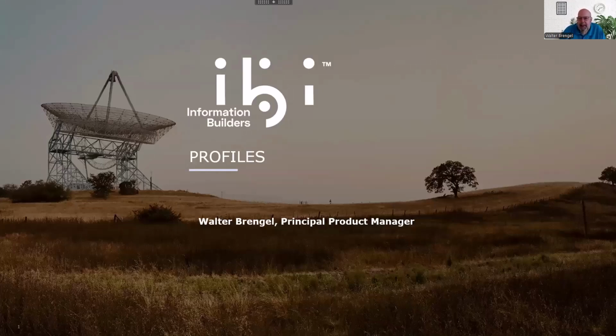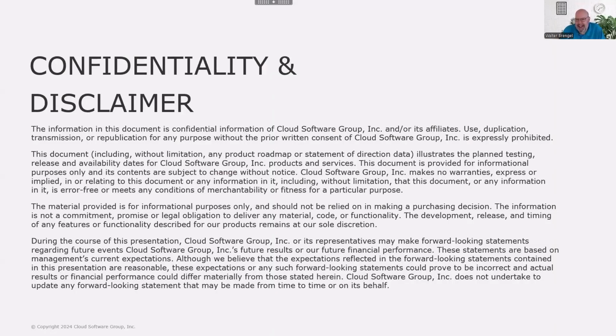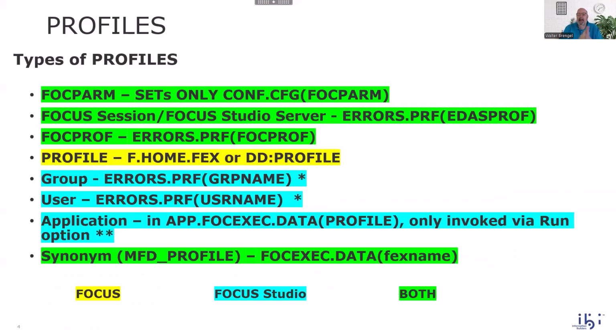You are. So I did up a slide, and I think it's only one slide. I went through and tried to figure out all the different types of profiles that we have in Focus, looking specifically at Focus Studio.